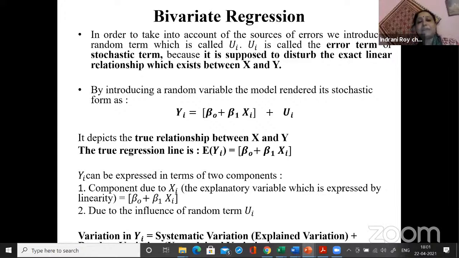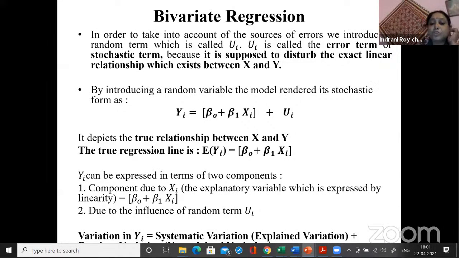But you know at the same time that there are certain limitations: you don't know many of the observed factors, you may fail to address some of the non-observables, and you may fail to incorporate some of the relevant variables, and those may get accumulated in this ui. Therefore your y is not actually linear, but this linearity is distorted by the presence of this error term. Okay, so this is about the population.